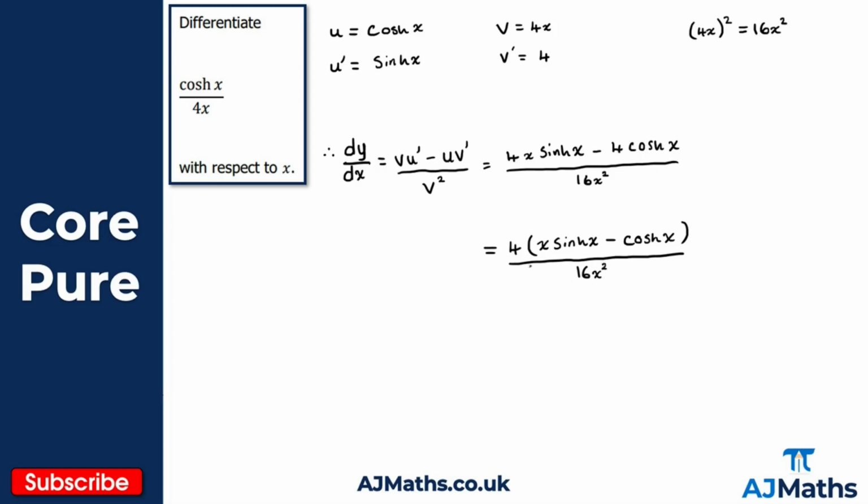And what I can do then here is cancel a 4 in the numerator and the denominator. So that 4 there will cancel. This will now become 4. What I'm going to get then, if we do it underneath, is x sine x minus cosh x all over 4x squared. Okay. And there we have it. So that's our solution to question 3.